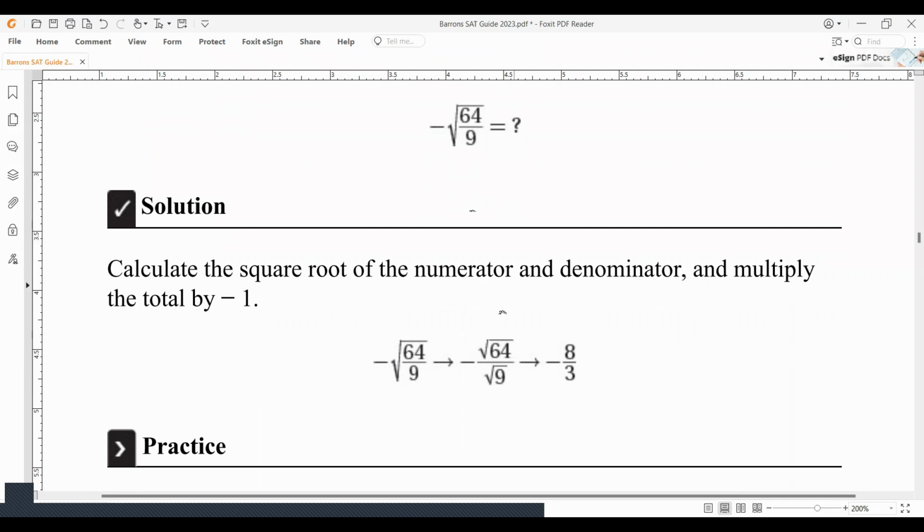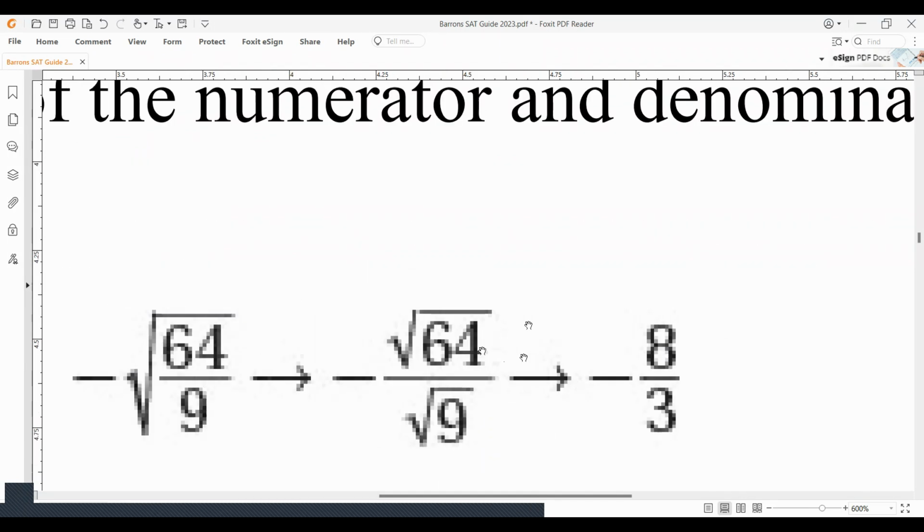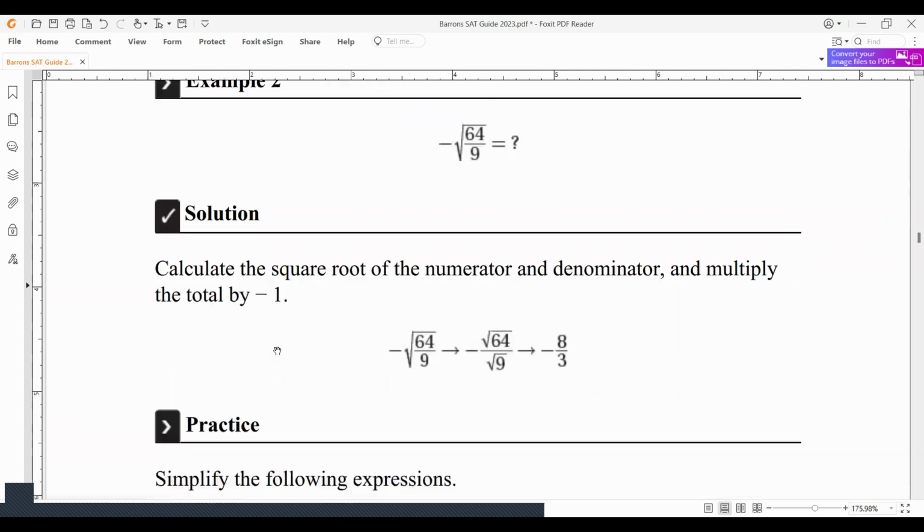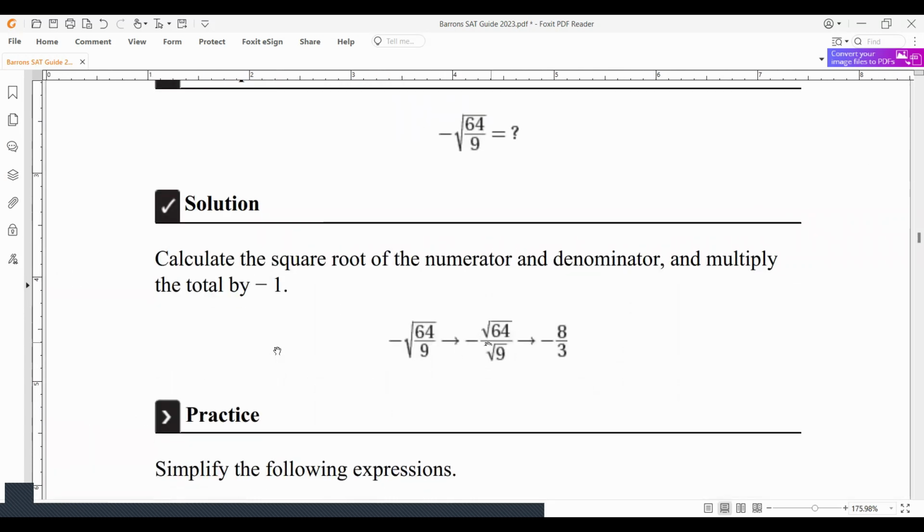So that's why we are not interested in writing it this way. We are focusing on making it more efficient and simple, and that's why we are distributing the square root over both the numerator and the denominator. There are some rules which discuss when you can use the distribution property of square roots.